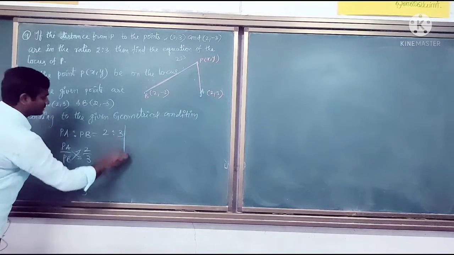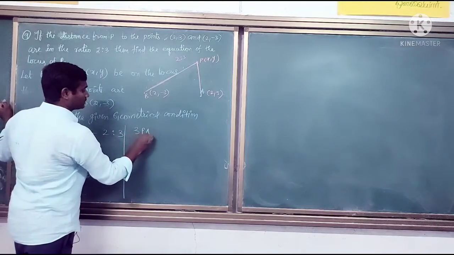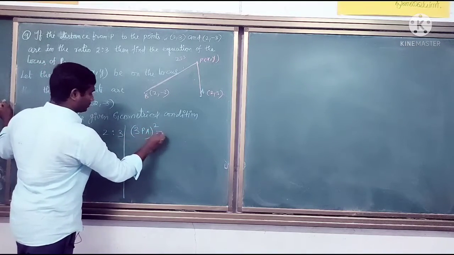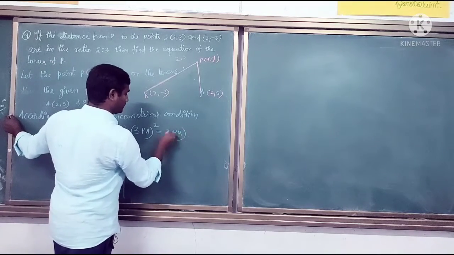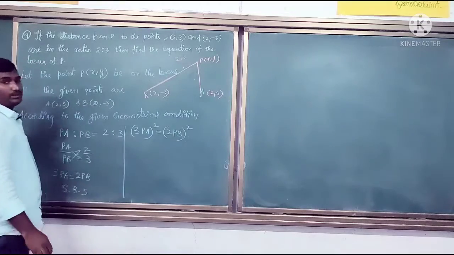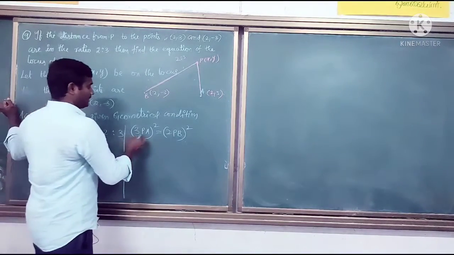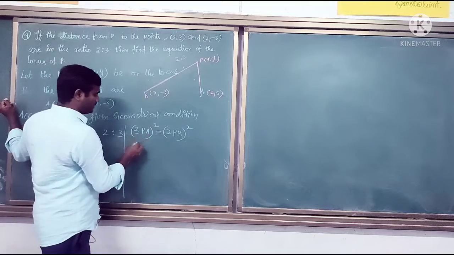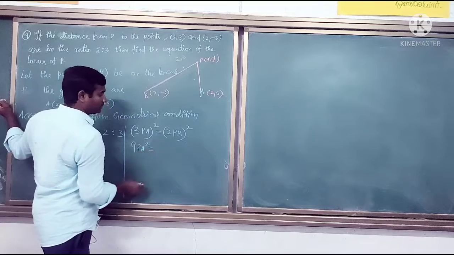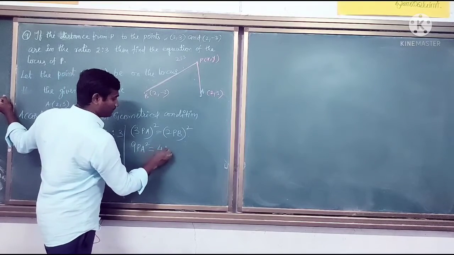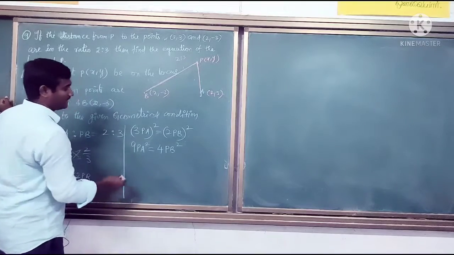Then it becomes (3PA) whole square equal to (2PB) whole square. 3PA whole square is nothing but 9PA square, equal to 2PB whole square, which is 4PB square.